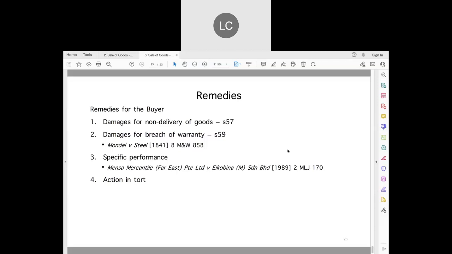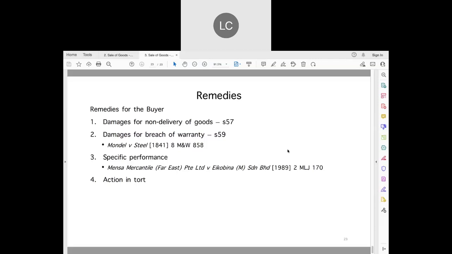Number one is under section 59(1), where the buyer cannot reject the goods, but he may choose under paragraph A or paragraph B. He cannot reject the goods, but under paragraph A, he may set up against the seller the breach of warranty in diminution or extinction of the price. Or under paragraph B, he may sue the seller for damages for breach of warranty.